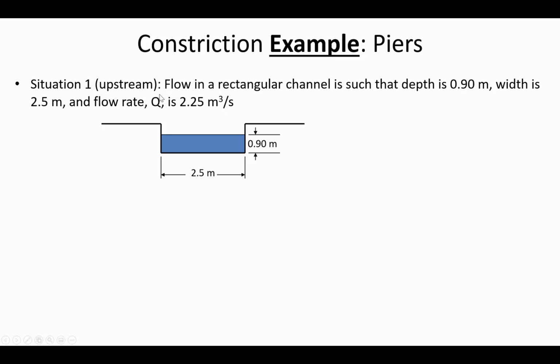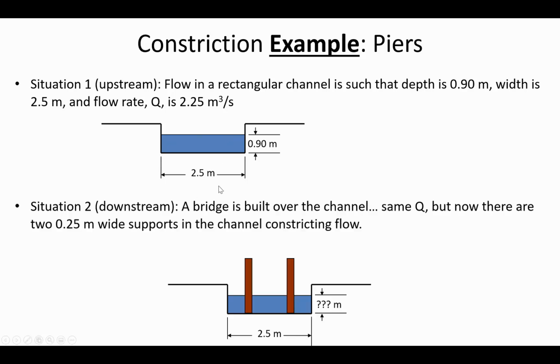So that's the flow rate. We could calculate the flow per unit width because we know B. And then downstream, if we needed to put a bridge over the channel, there's a couple of supports. This text is saying that each of these supports has a width of 0.25 meters.